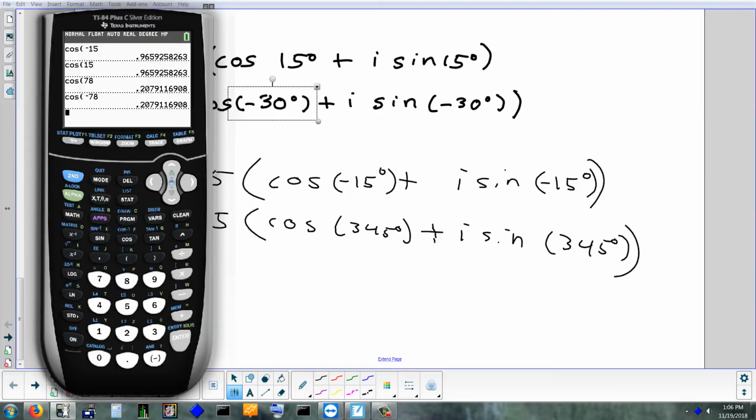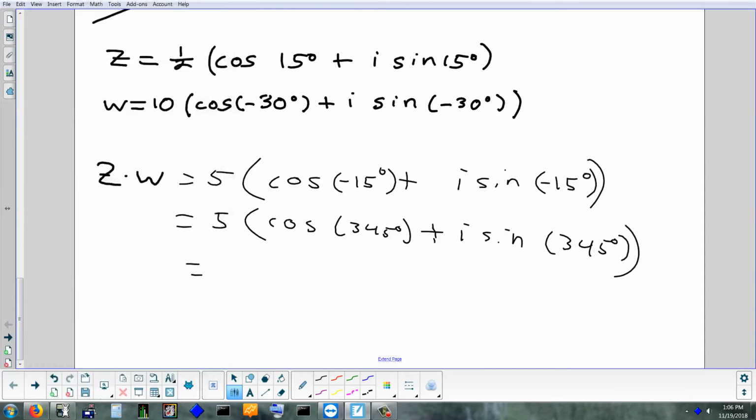What's the difference there? Nothing. So in other words, when you take the cosine of a negative angle, negative angle, positive angle, you end up with the same answer. So really, we can just take this negative, we can just erase it. We can pretend it's not there, we don't need it. So I'm going to write 5 cosine 15. So I got rid of the negative there.